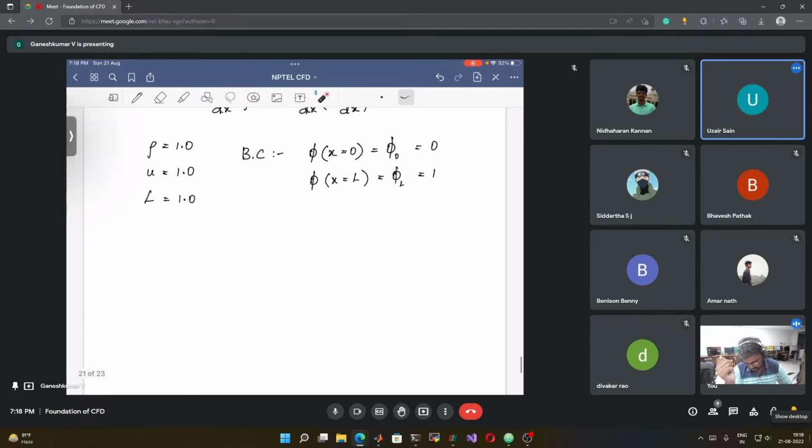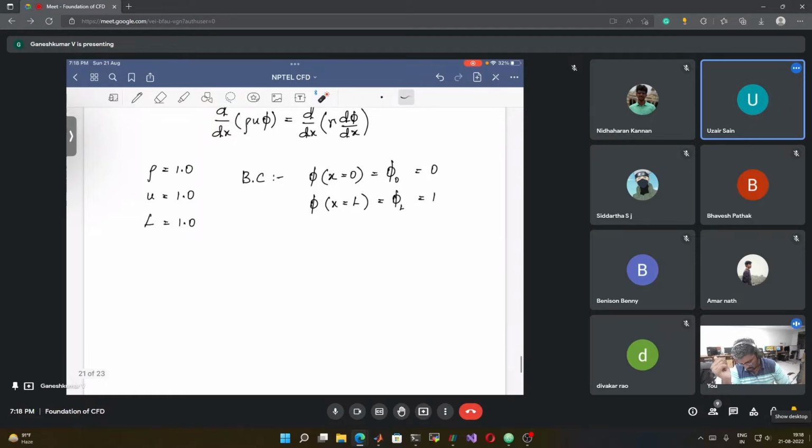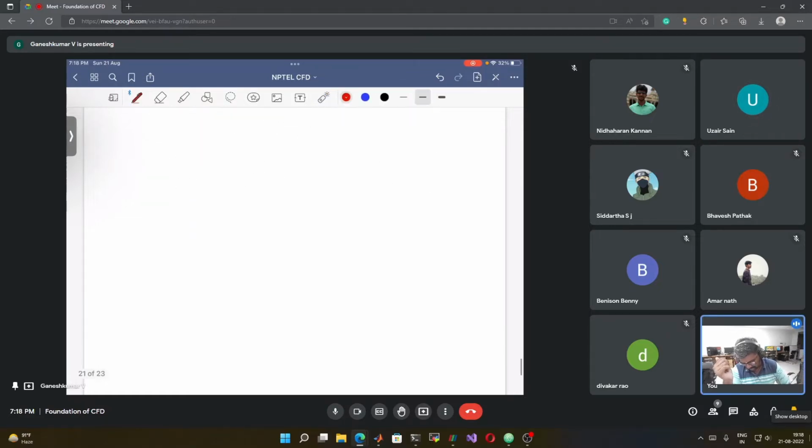Right. So what an integral equation is, is nothing but a differential equation written in integral form. Let's say you have a continuity equation. What is your continuity equation? Dou u by dou x plus dou v by dou y plus dou w by dou z equal to 0, right?